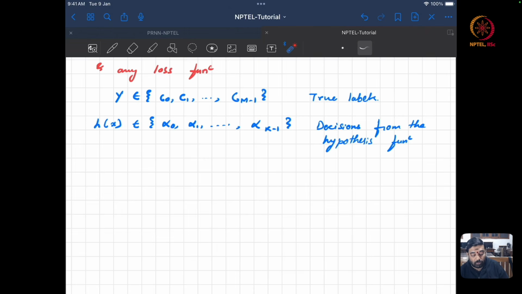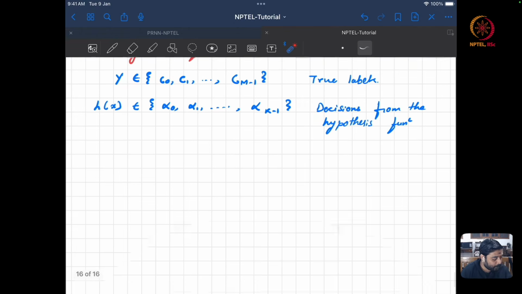So here the decision of the hypothesis function can have more labels also. For example, one standard thing that you can think of is a reject case, wherein k will be m plus 1. So we are looking at a much more generic case now wherein the true labels are a subset of the decisions from the hypothesis function.